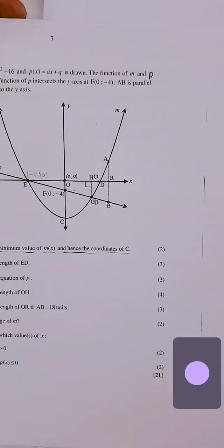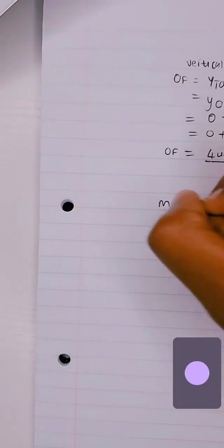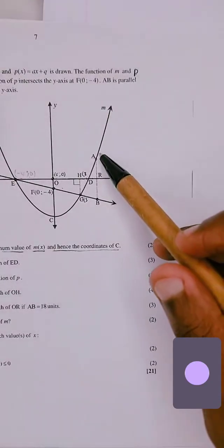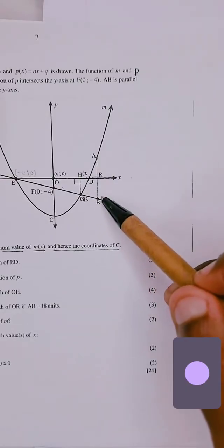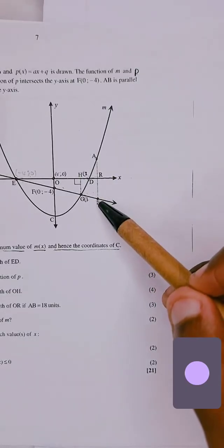It is the M, the parabola, right? So we are going to say M of x, because that's y at the top. Then what is the function touching B? P.